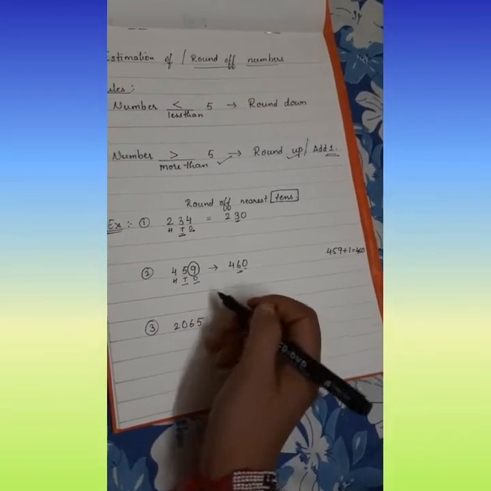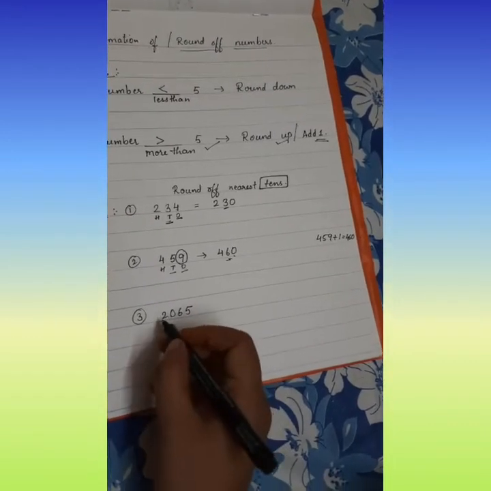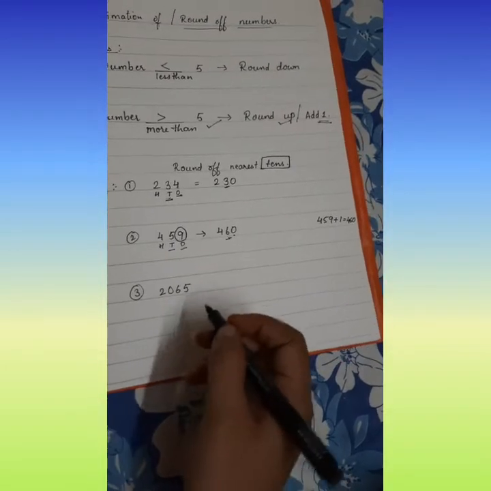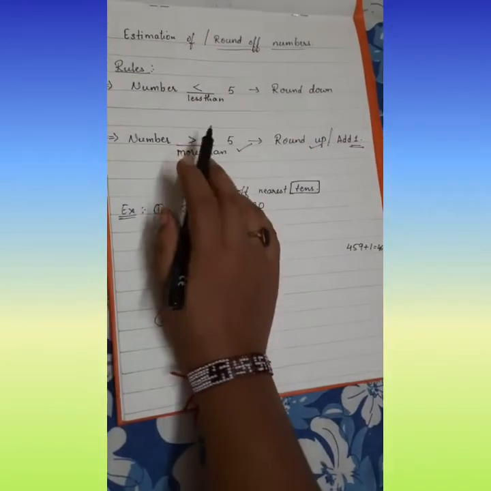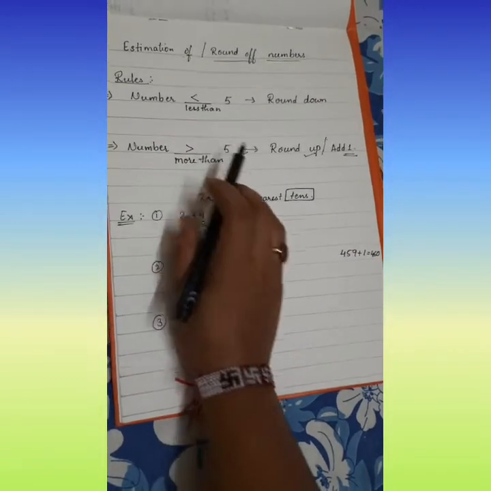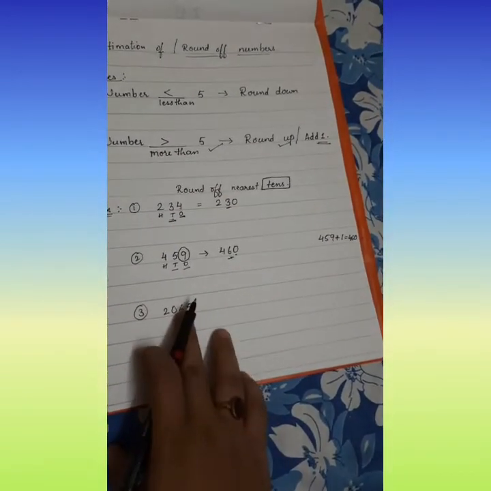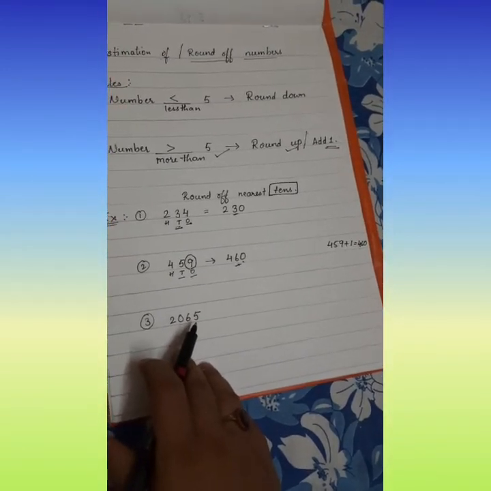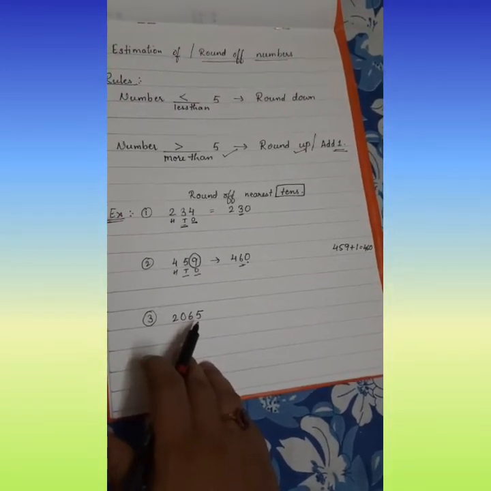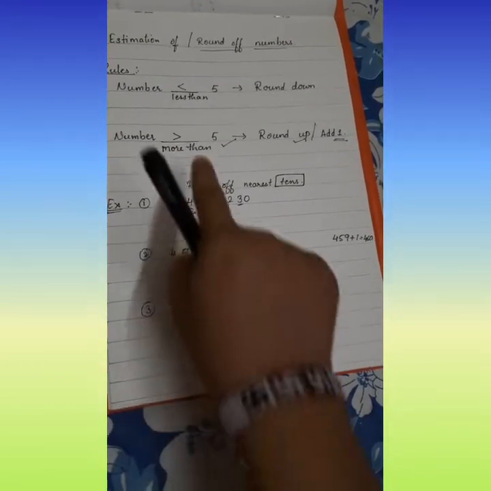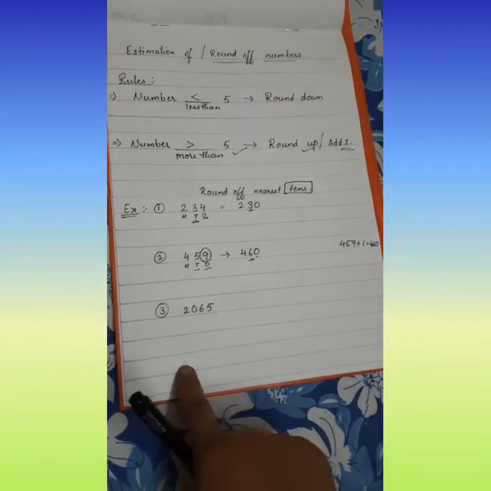Okay. Now one more example. Let's see, it is 2065. Sorry. Two cases I told you, less than 5 and more than 5. Now suppose you get a digit that is 5 only, not less than, not more than. For that, what do we have to do? We have to follow the second rule in this case also.